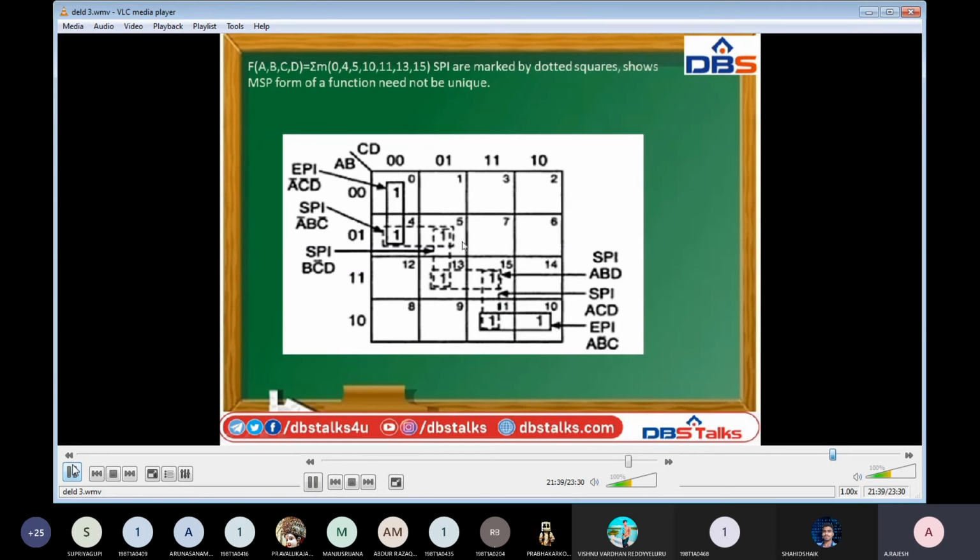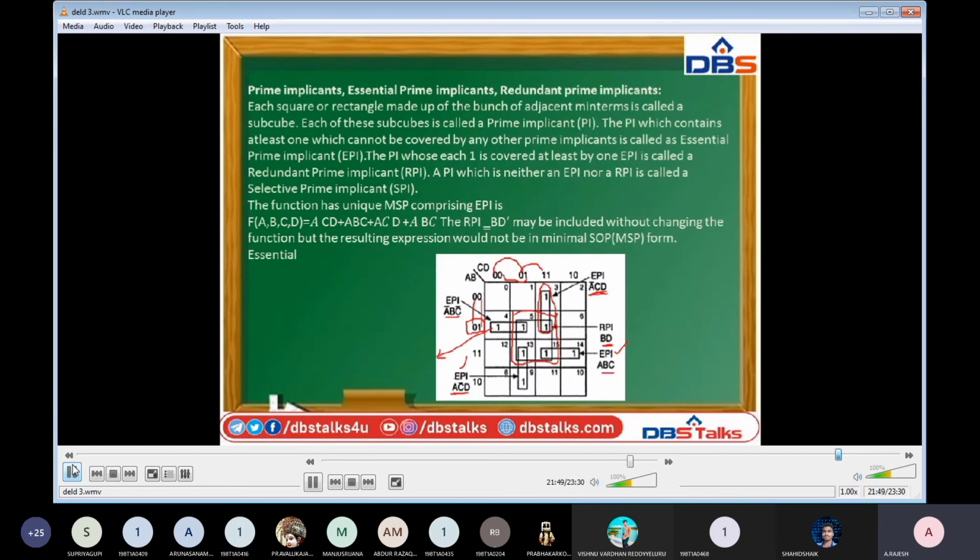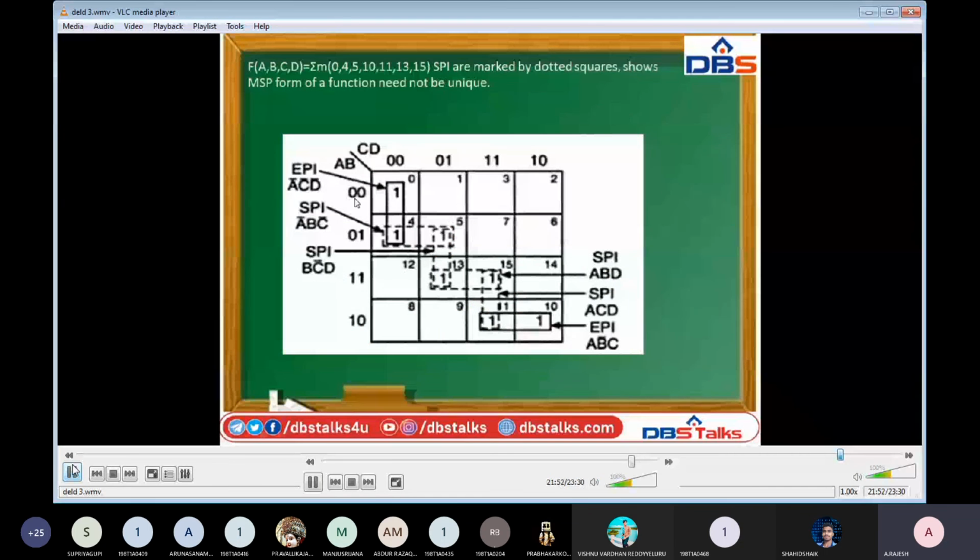We just find only essential prime implicants or selective prime implicants. This is an essential prime implicant, and this is a selective prime implicant. This is also a selective prime implicant. These dotted lines represent selective prime implicants, and this rectangle represents an essential prime implicant.